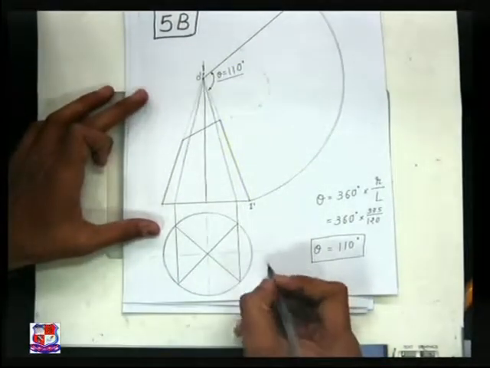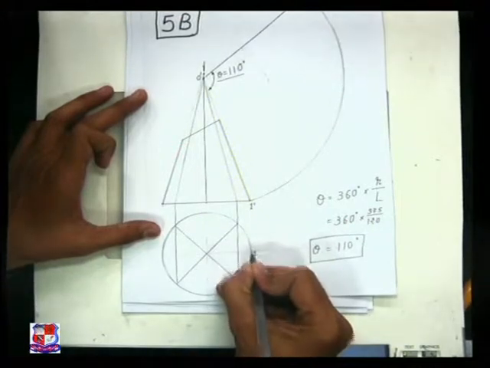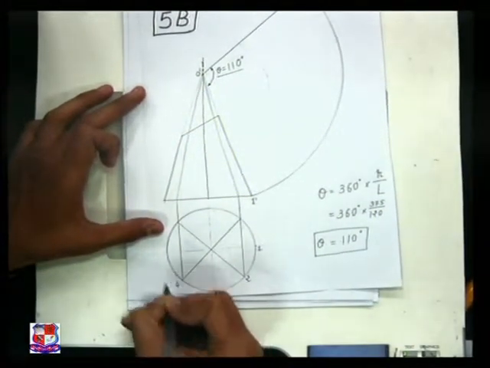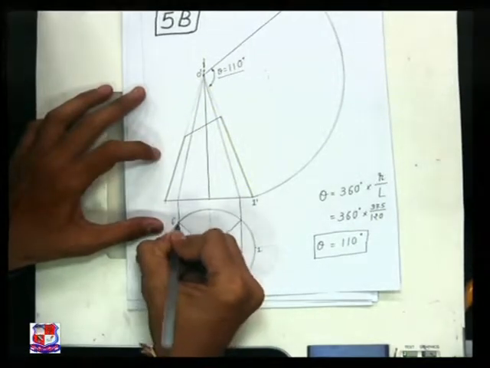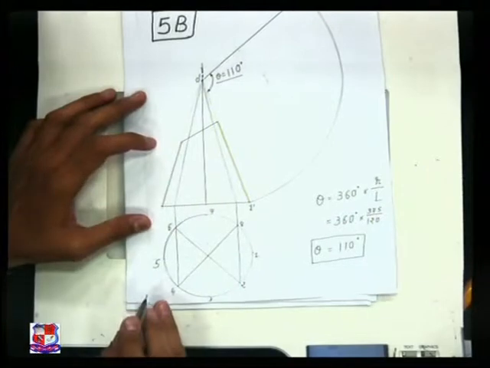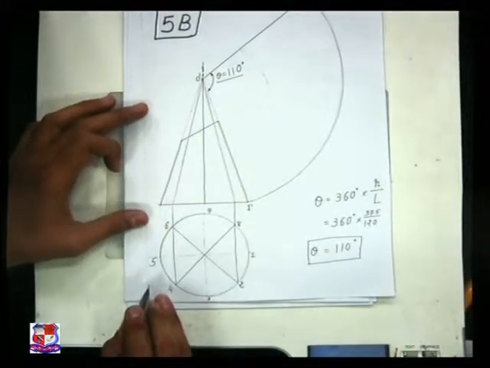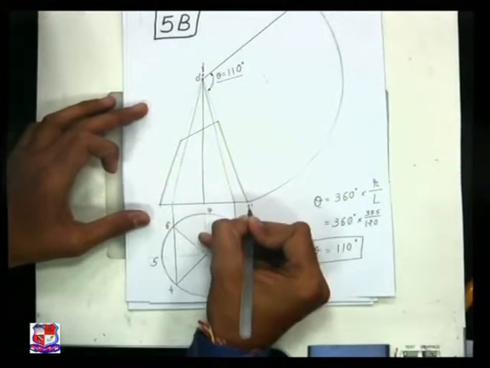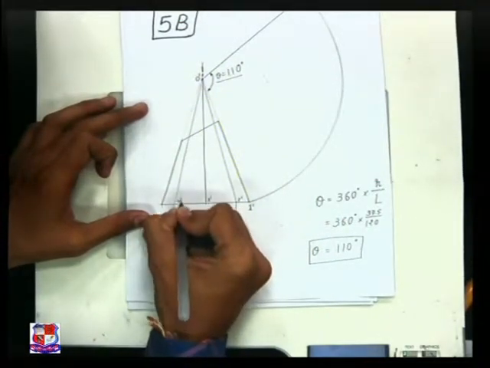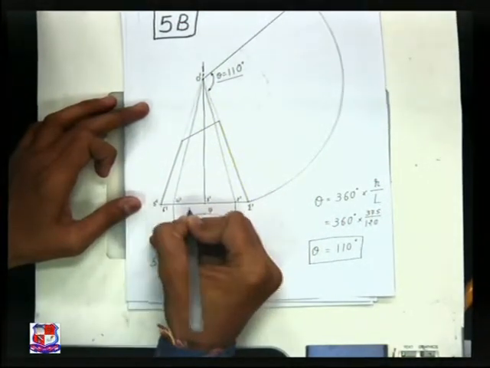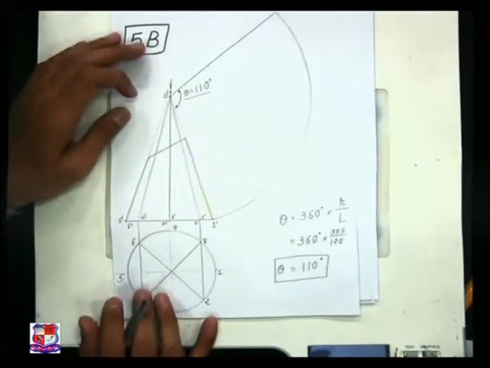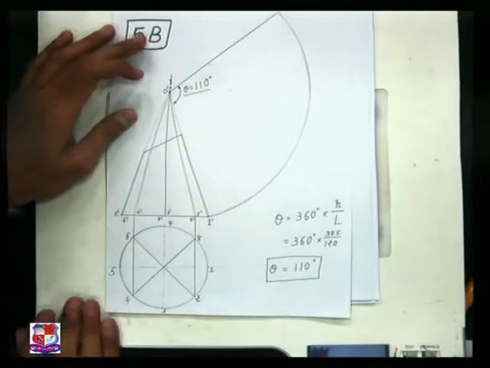Here is point number 1, here is point number 2, 3, point number 4, 5, 6, here is point number 7, this is point number 8. So 8 points are there in top view. Similarly, in front view also, here is point number 1 dash, 2 dash, 3 dash, 4 dash, 5 dash, 6 dash, 7 dash, and 8 dash. 8 points are there in the front view over here.